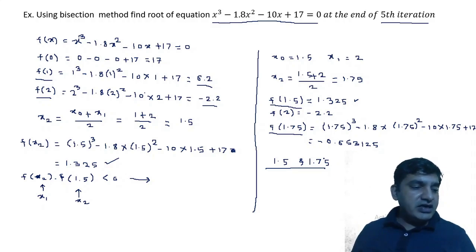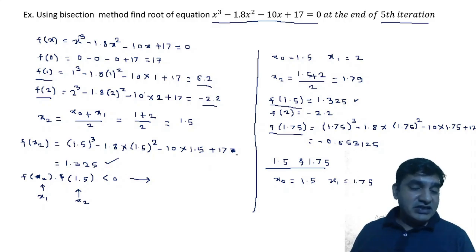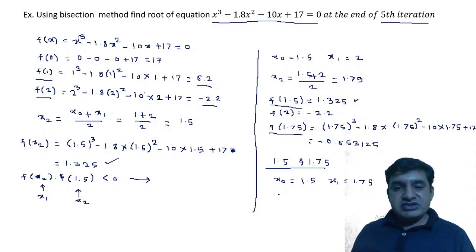Now replace x1 by x2. That is, x0 is considered as 1.5 and x1 is considered as 1.75. This is the first iteration, this is the second iteration, now the third iteration.